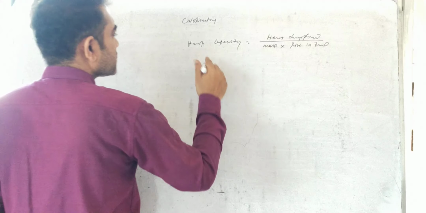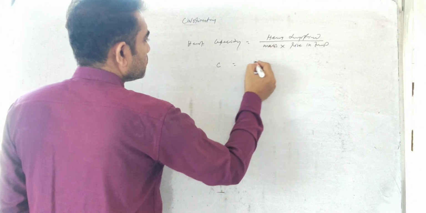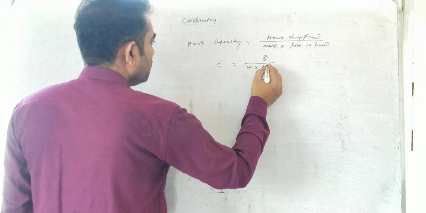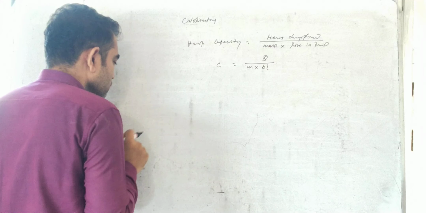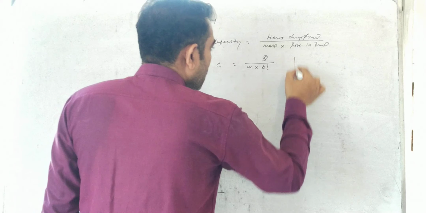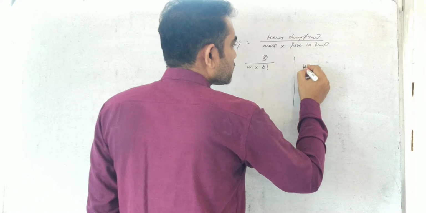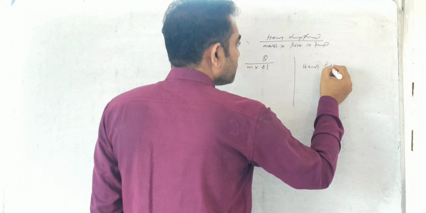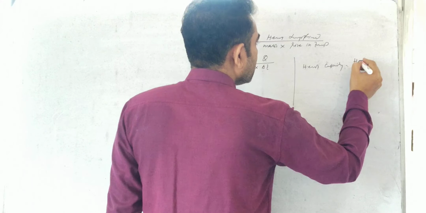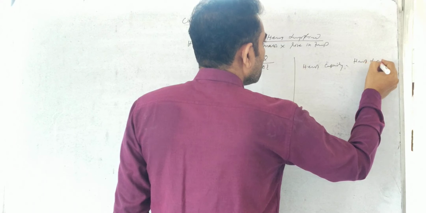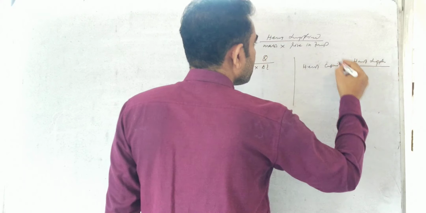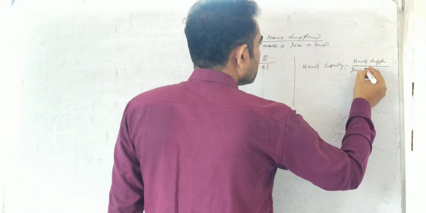So from this relation, C equals Q by M into del T. But heat capacity we have written as heat supplied by rise in temperature.